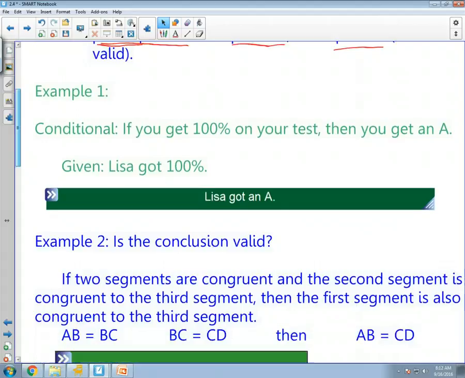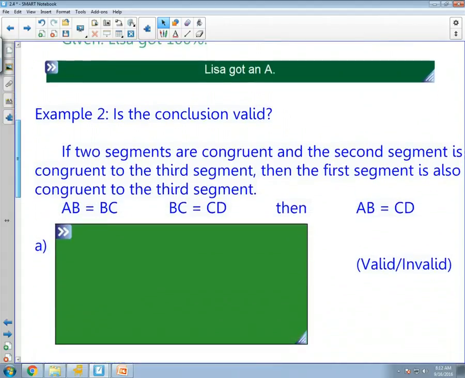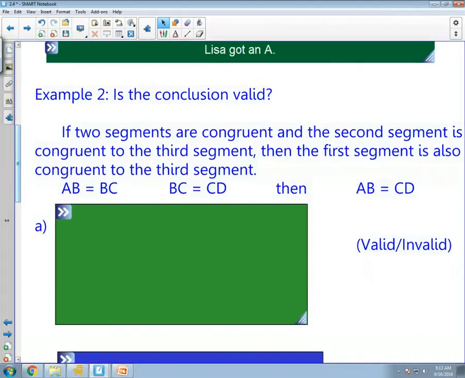Second example. Copy down what you see in blue, and then we're going to work through the law of detachment with this.